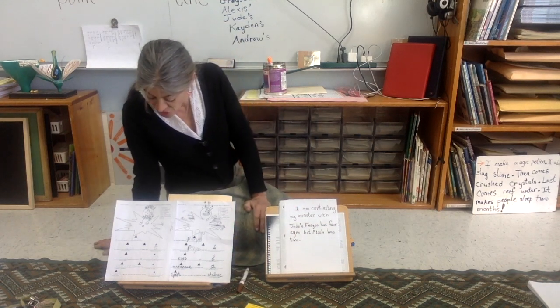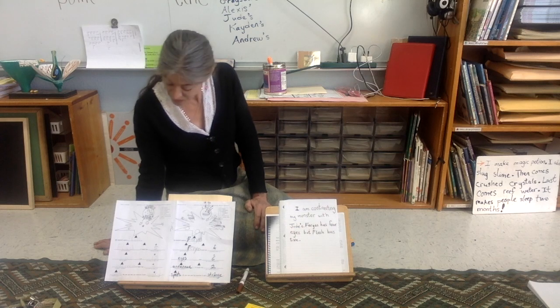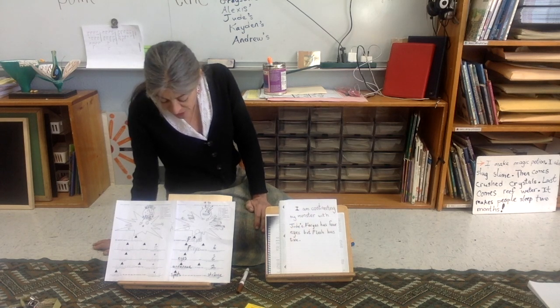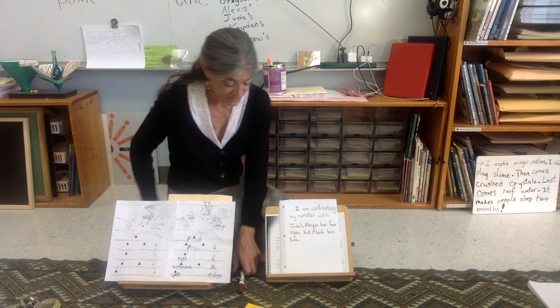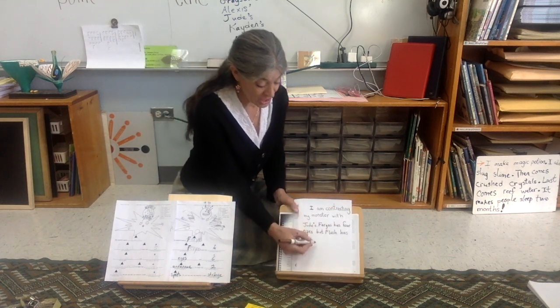And now I'm going to contrast something else. I'm going to write Farius has 6 antennae, but Flash has 12. Flash has a lot.